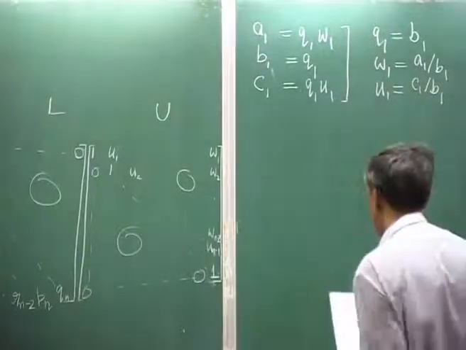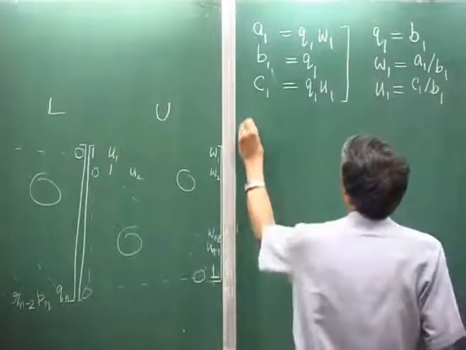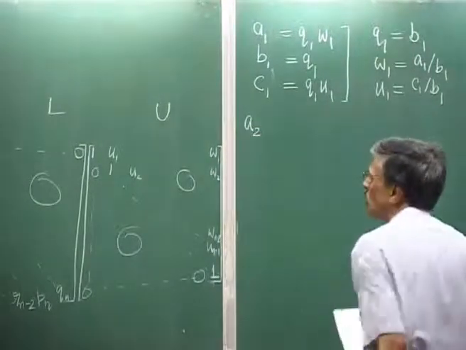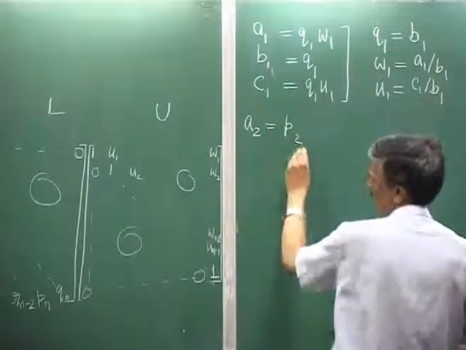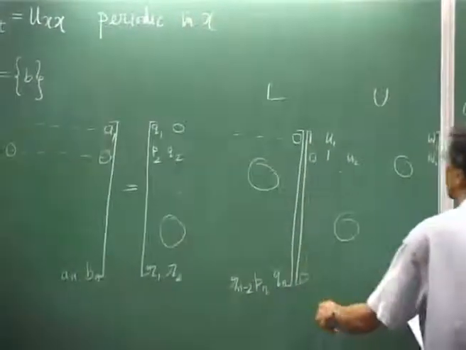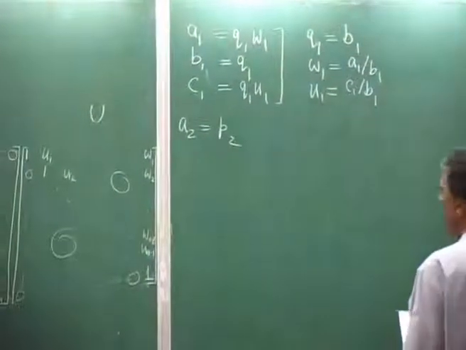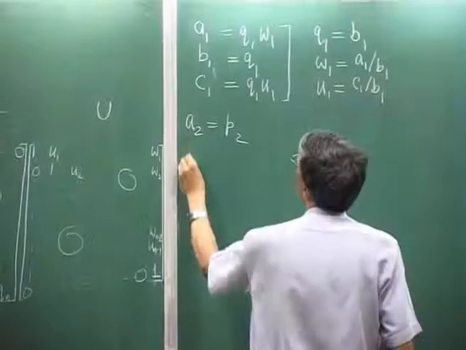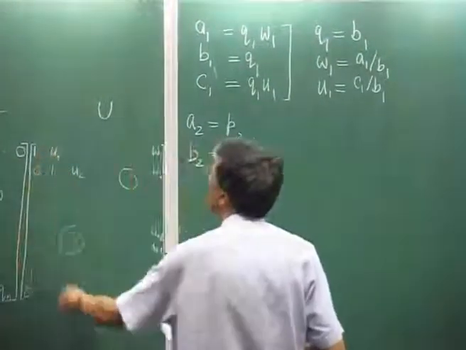Let us look at the second row of A 2. Second row of A 2, what should we get? A 2 should be equal to simply P 2, right. So, I am just multiplying this with the first column, that would yield A 2 equal to P 2. What about the second one? We will multiply again the second row with the second column.